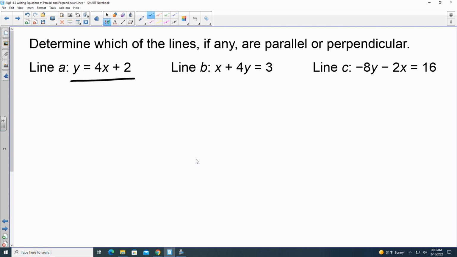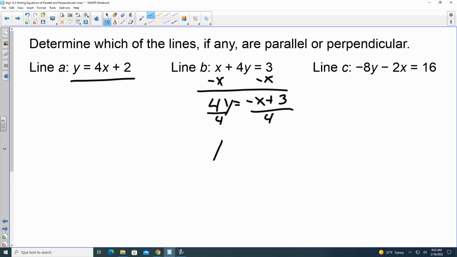B is not quite in slope-intercept form, so I have to subtract x from both sides, and now I have 4y is equal to negative x plus 3. Divide both sides by 4. This is going to be y is equal to negative 1/4 x plus 3/4.